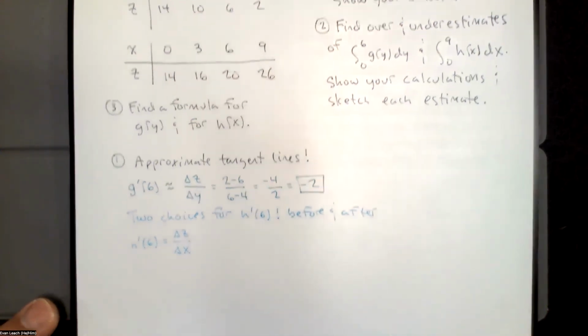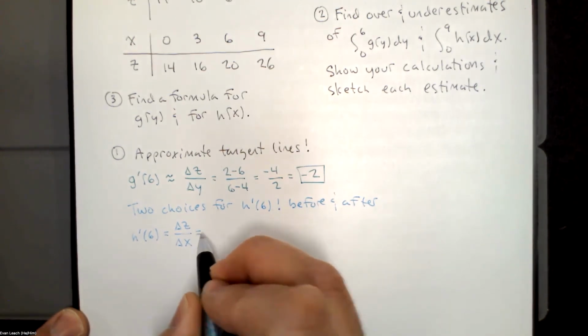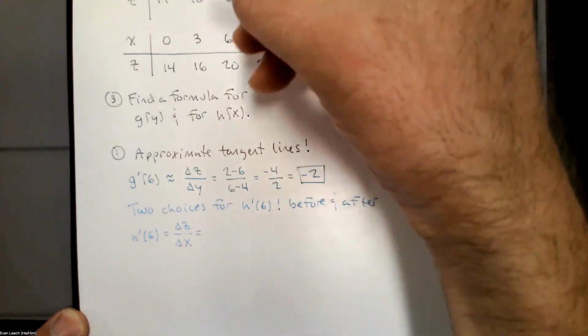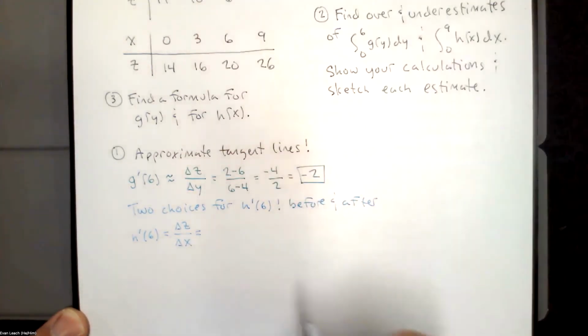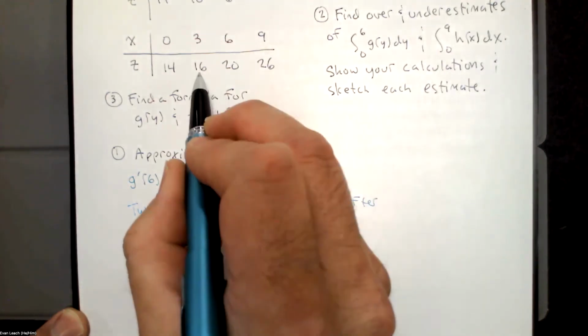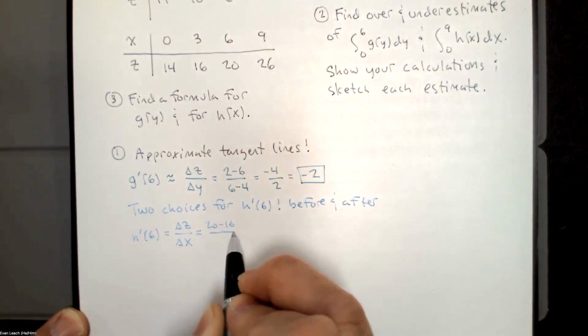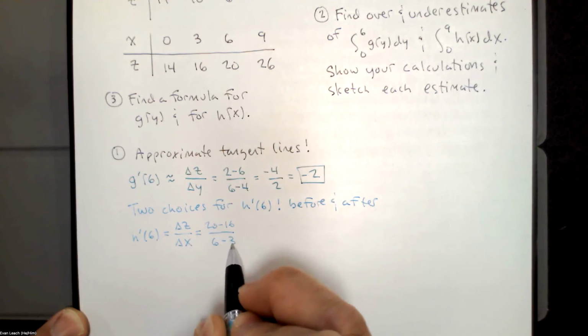We're just finding rise over run. The change in z, I'm going to go from 3 to 6. I'm going to think of this one as the before. Z went from 16 to 20, and x went from 3 to 6.